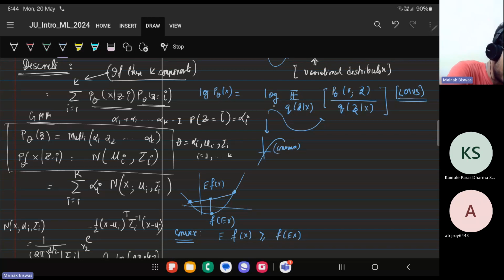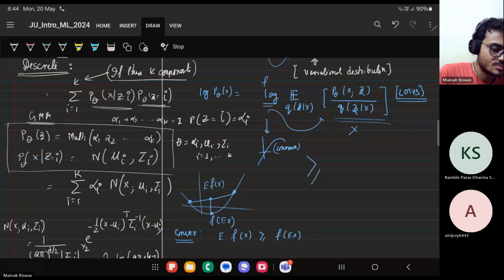The function is f, and this is the expected value, this is your x. For concave functions, what will happen? It will be less than or equal to f of expected value of x. For convex, it is greater than or equal to. For concave it gets reversed, correct.